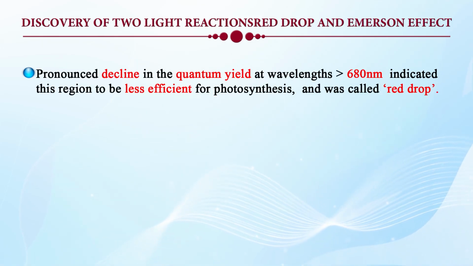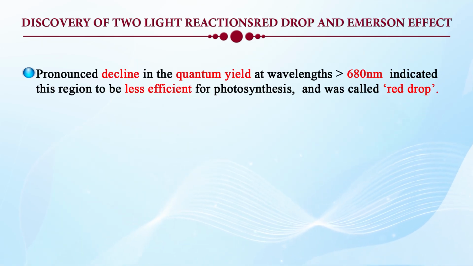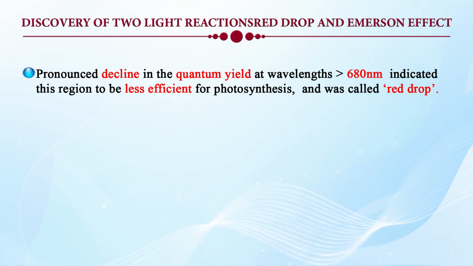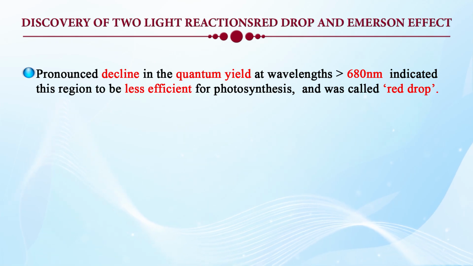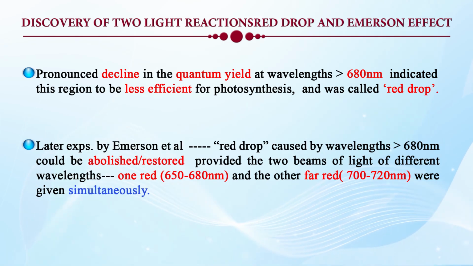Emerson said that now photosynthesis becomes much less efficient during the red drop. Later, he along with his co-workers also said that if you want, you can abolish this red drop, you can restore higher rate of photosynthesis by giving simultaneously a wavelength which is less than 680 nanometers, that means between 650 and 680.